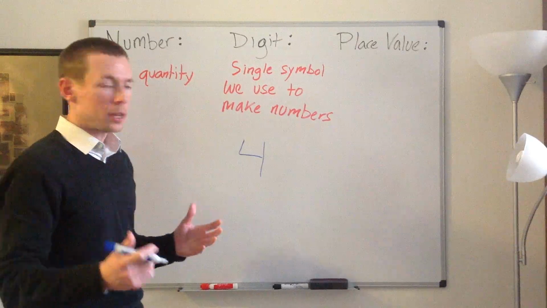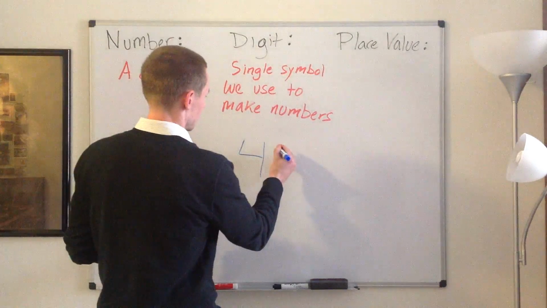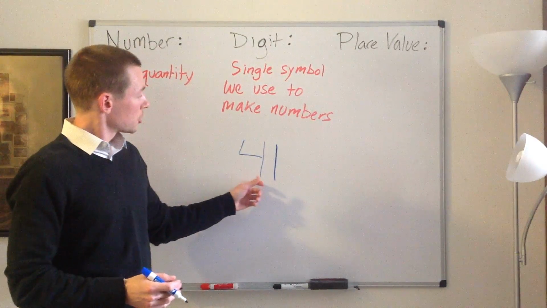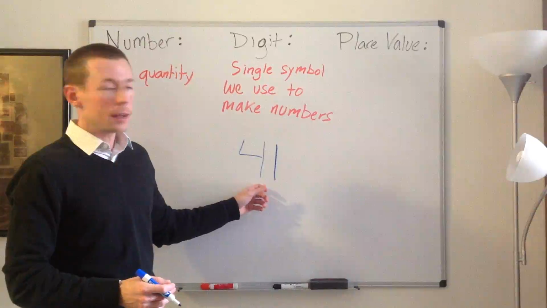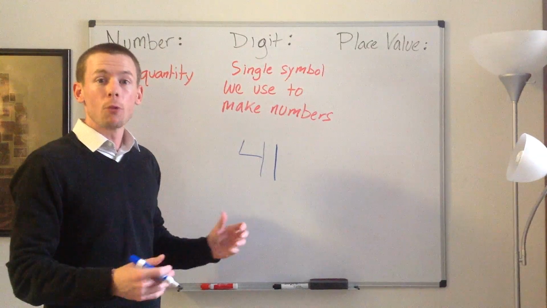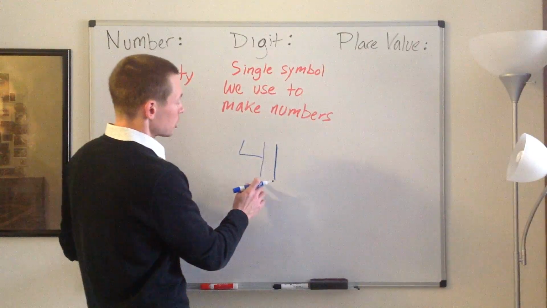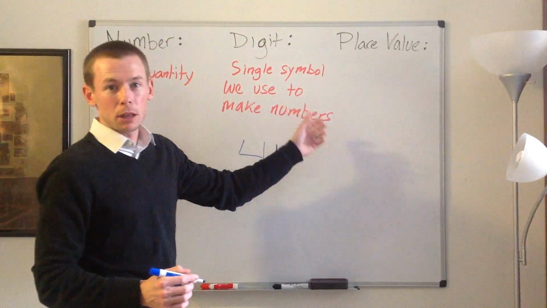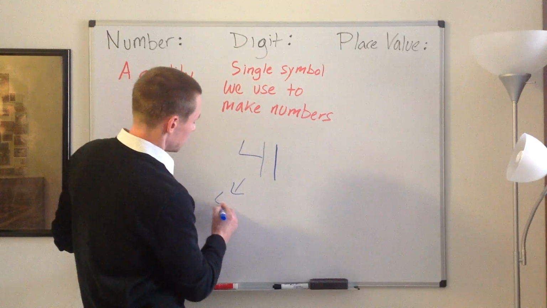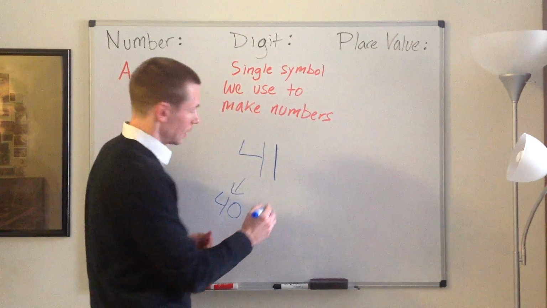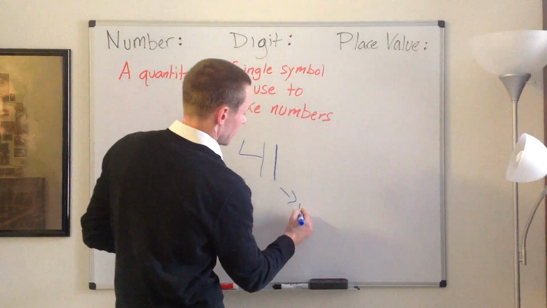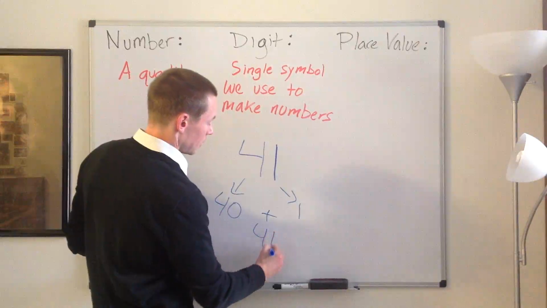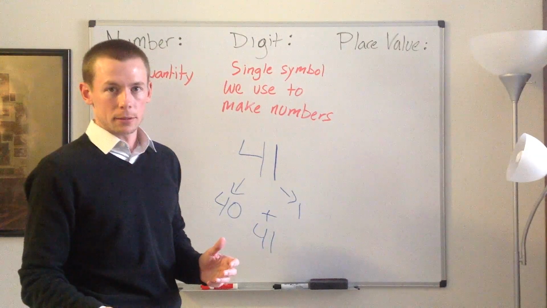Well, one thing you could have done was this. This 4, the quantity of 4, has now become the quantity 41. Because this 4 is still the same digit, but it's now in a different place, so what it's really representing is 40, and the 1 is representing 1, for a total of 40 plus 1 equaling 41.